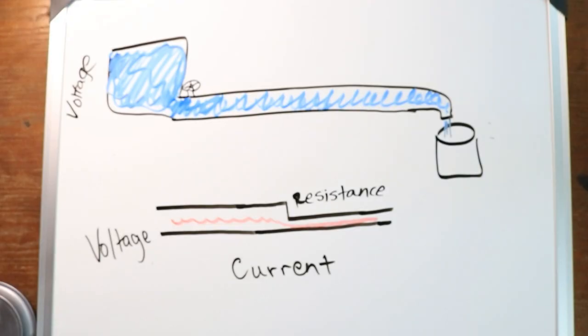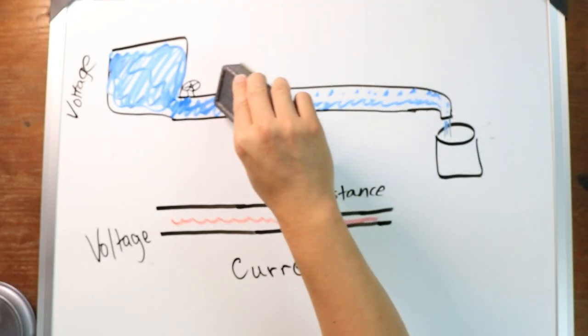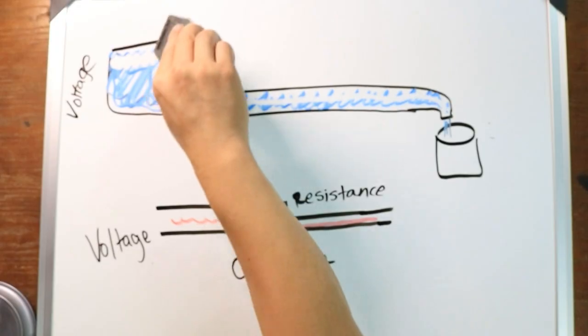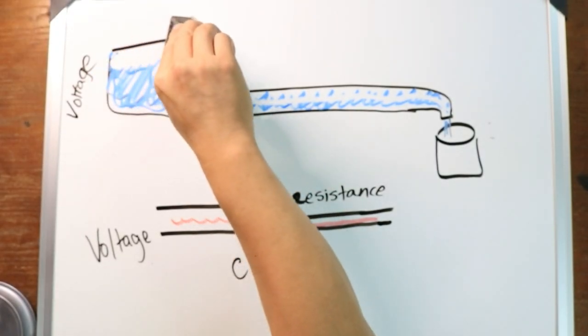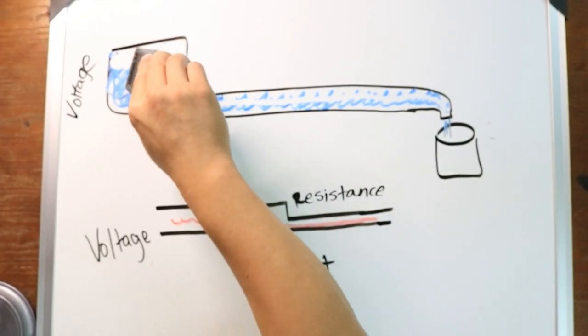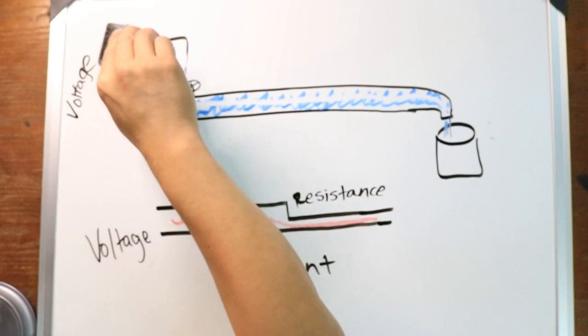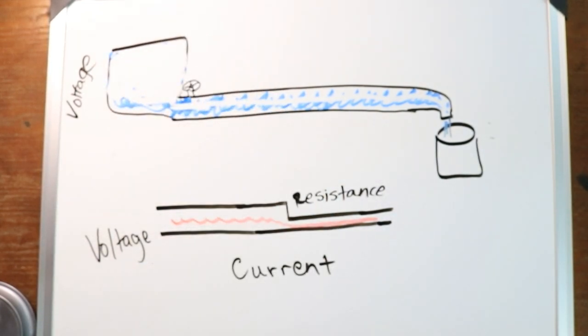Another example would be, what if you didn't have that much water in there? What if you only had water to the very bottom? So what happens in that case when you open the valve?